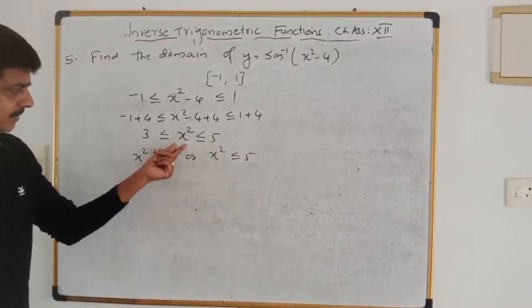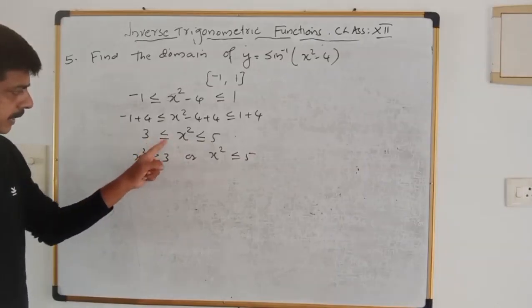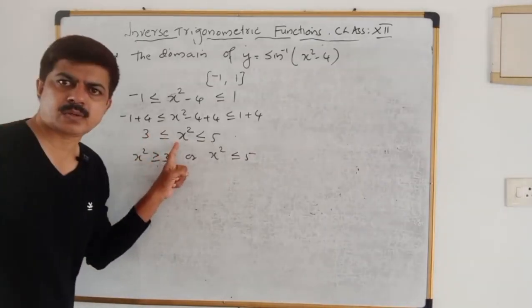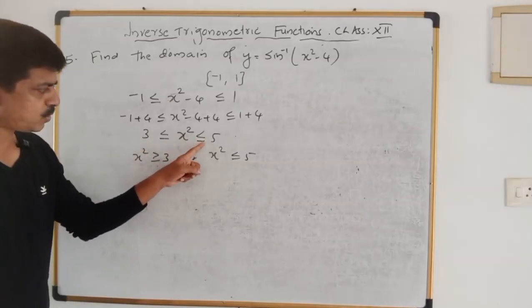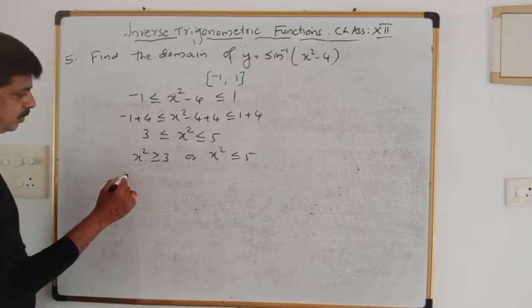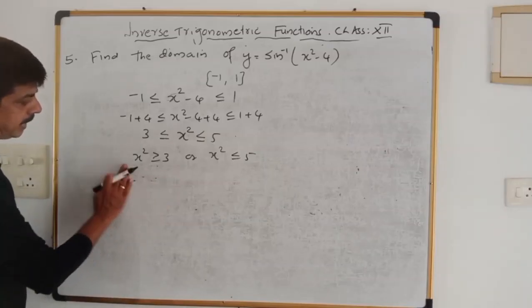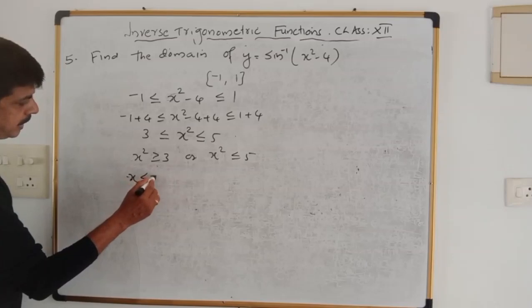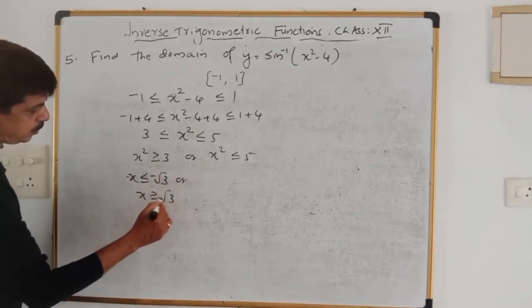From the inequality we can take out that x square is greater than or equal to 3 and x square is less than or equal to 5. Now, if x square is greater than or equal to 3, then x is less than or equal to negative root 3 or x is greater than or equal to positive root 3.